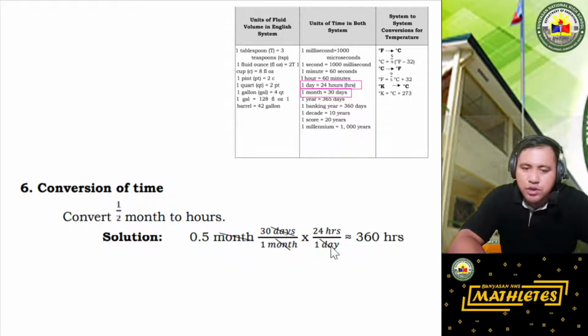So, we have to find the conversion factor which deals with hour and day. So, we have 1 day over 24 hours, in order for us to cancel the day. That makes 0.5 times 30 times 24 is 360. The unit is hours. So, 1/2 month, or that is 15 days, is 360 hours.